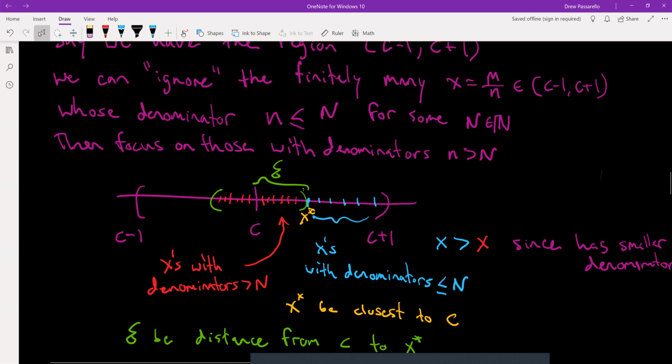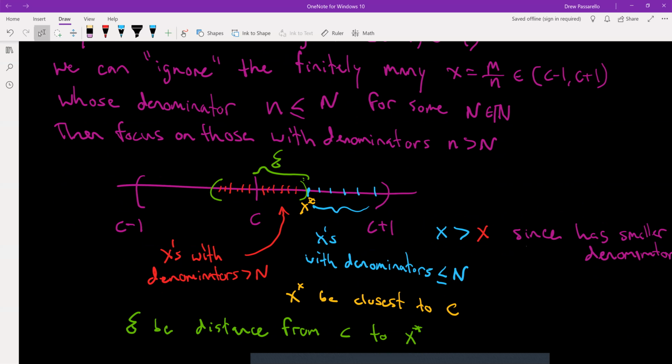So just to visualize, I drew this. You have the open interval c minus 1 to c plus 1, so you obviously have c in the center. The blue dash marks are the x's with denominators less than or equal to capital N. These are going to be farther away from c than the x's with denominators bigger than capital N, because they are bigger numbers.